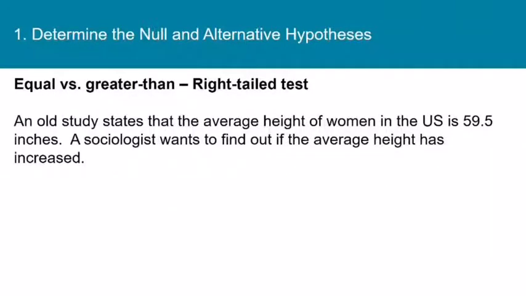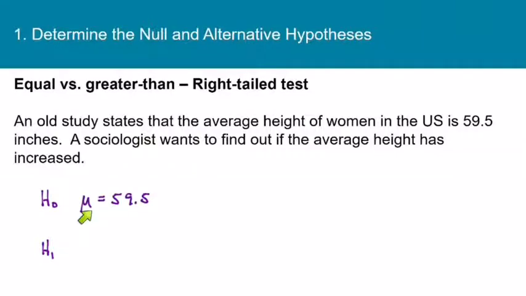And our third situation. An old study states that the average height of women in the U.S. is 59.5 inches. A sociologist wants to find out if the average height has increased. So we will write a null hypothesis and an alternative hypothesis. The null hypothesis is the statement of equality, so the null would be that the average is 59.5.